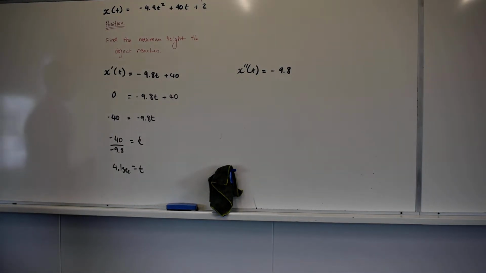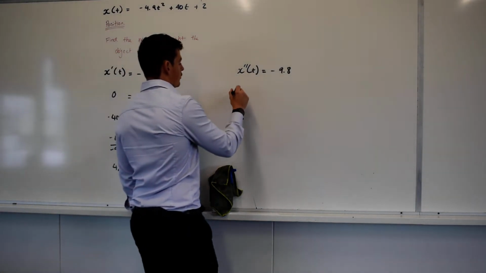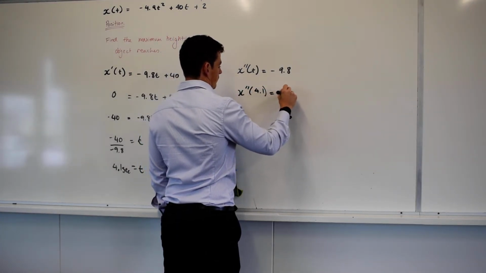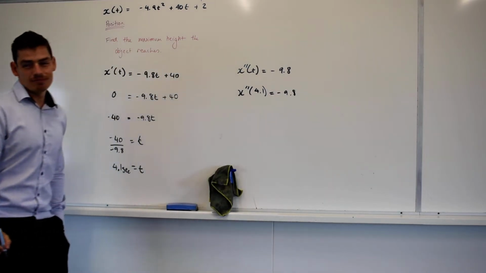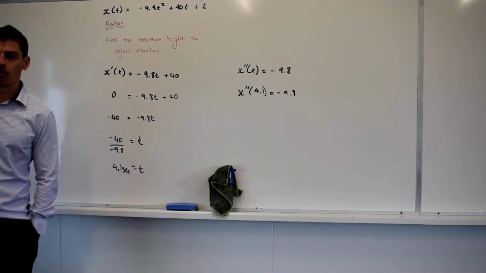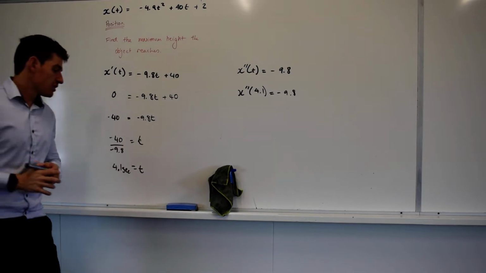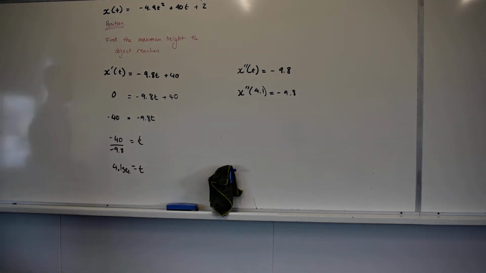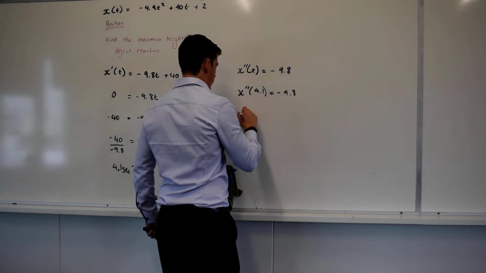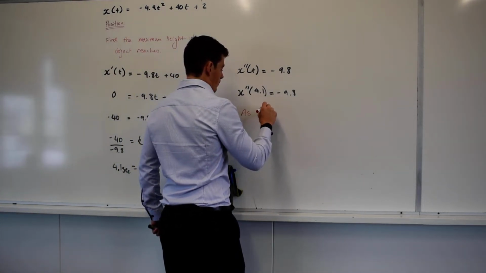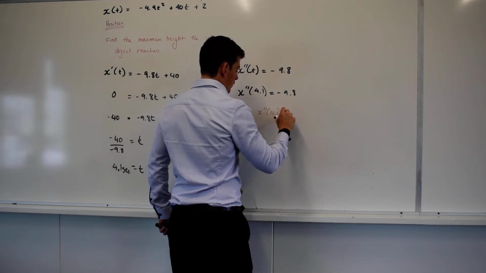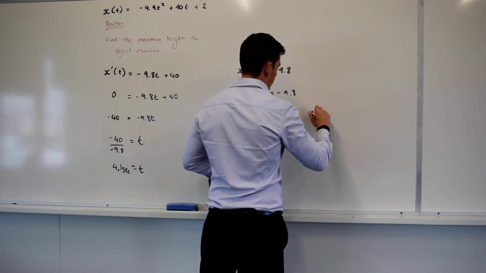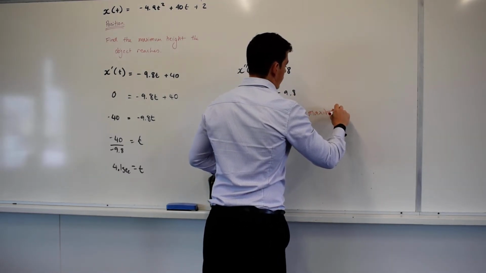No. I have to shove my value in. So it's just negative 9.8. What does that tell me? Because it's negative, I know it's a max. So because my double derivative is negative, I've proved it's a maximum.